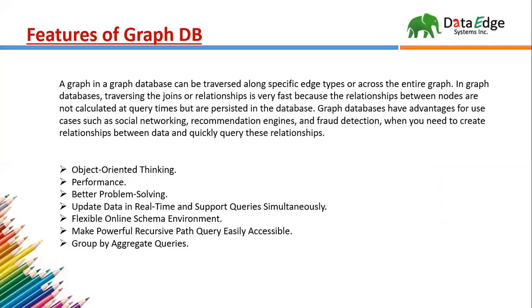So it is a more advanced form of the traditional database. Better problem solving skills can also be provided. Then we can update data in real time and support queries simultaneously. Flexible online schema environment, group by aggregate queries, and powerful recursive path queries are easily accessible. So these are the points.